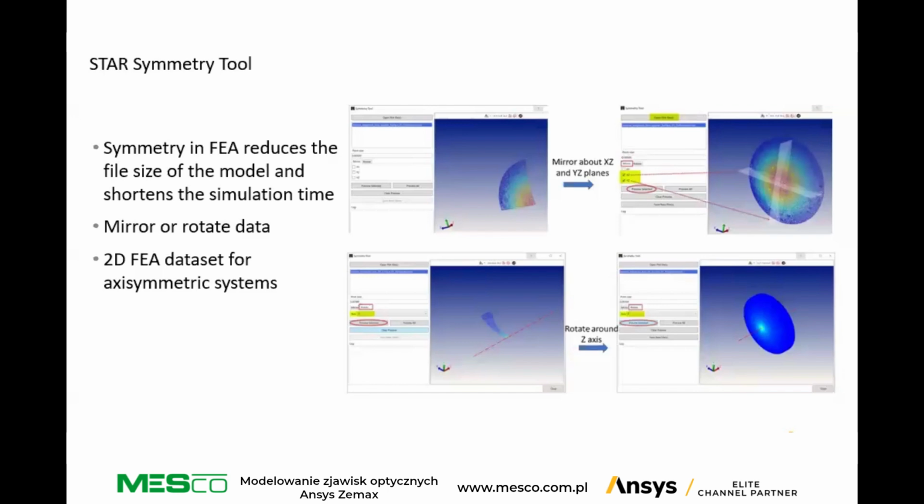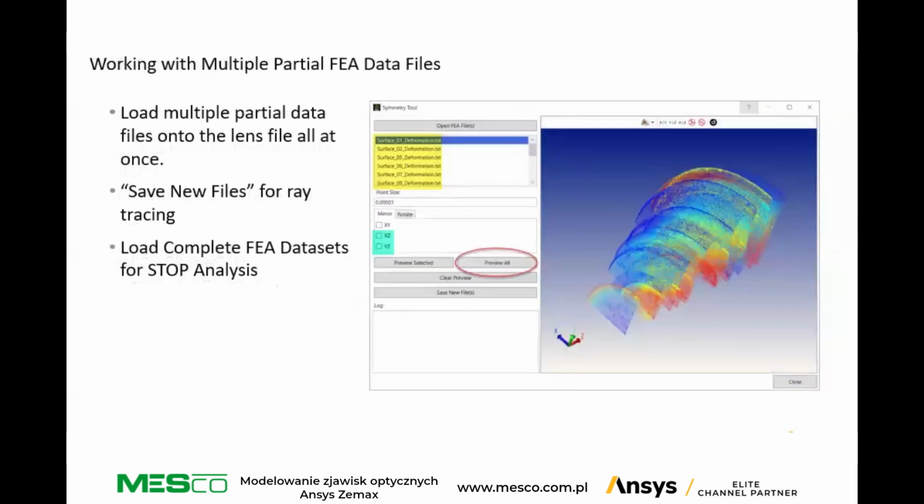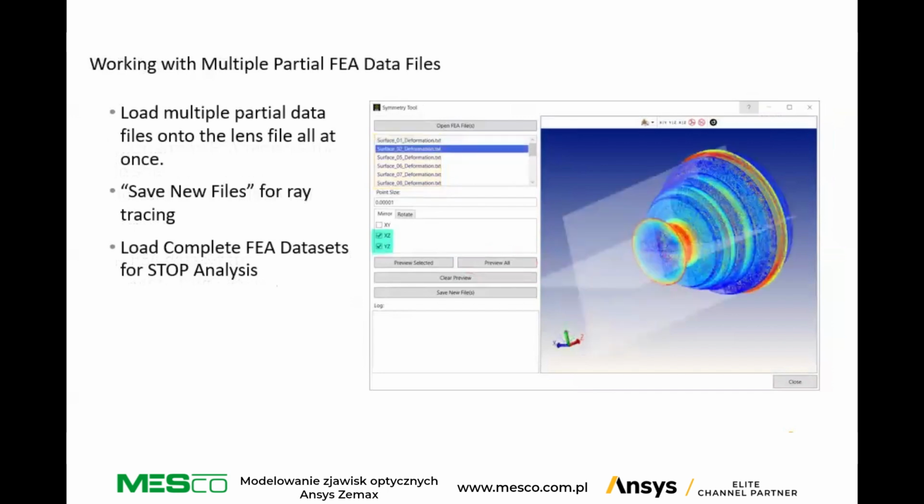So basically it's quicker. You will be able to load multiple partial data onto the lens file at once and save it as new.